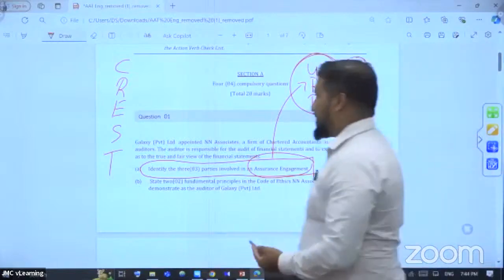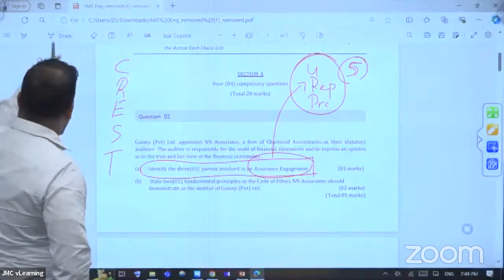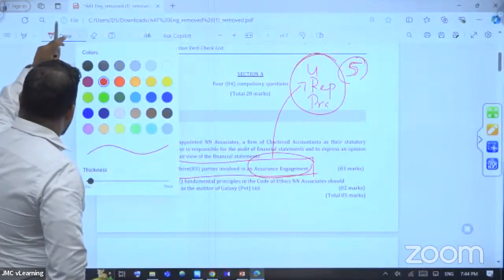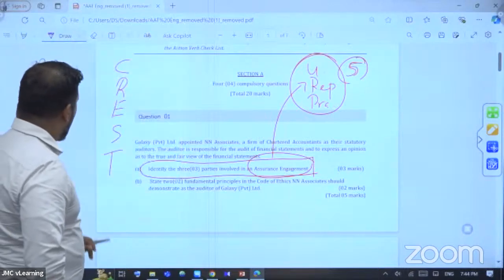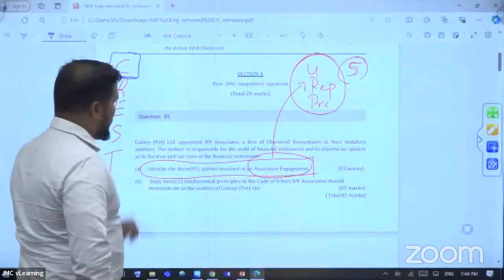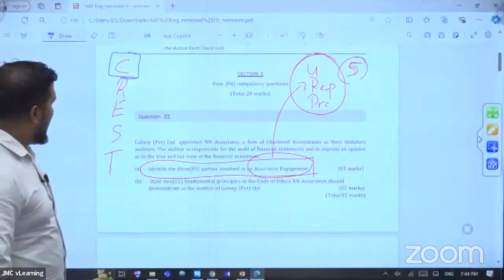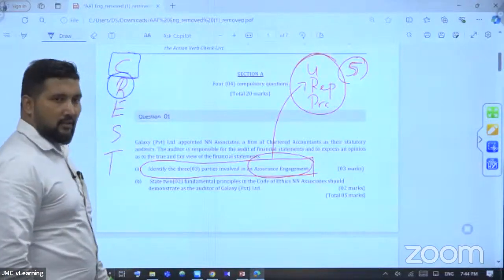So what do you mean by CREST? What does this C stand for? Any guesses? That is basically criteria. R stands for report, the assurance report.